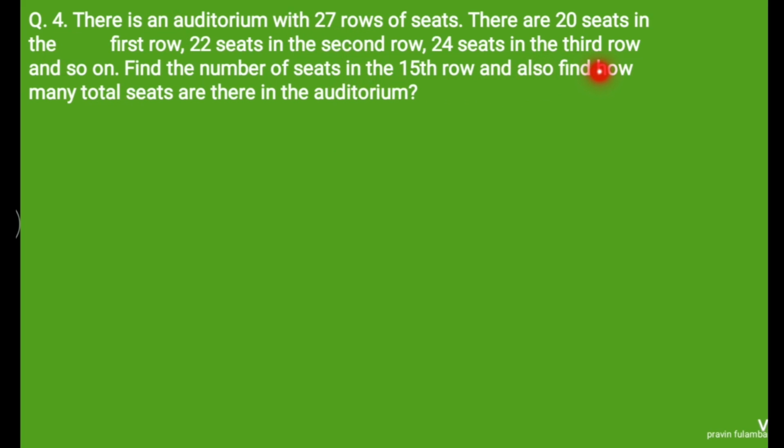That means the seats increase by 2 in each next row. Find the number of seats in the 15th row and also find how many total seats are there in the auditorium. Now we have to find here T15 and the total number of seats. So we calculate one by one.